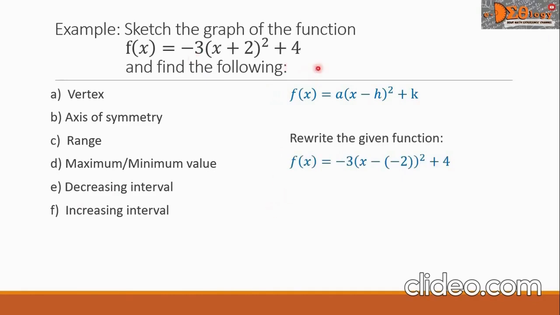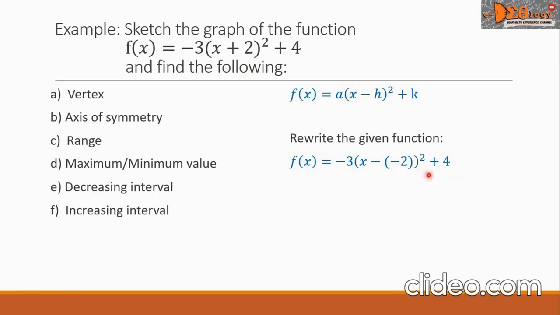We are going to copy exactly the same except this plus 2. Since the standard form is written minus h, we are going to rewrite this plus 2 into negative of negative 2. And the rest of the function will be the same.